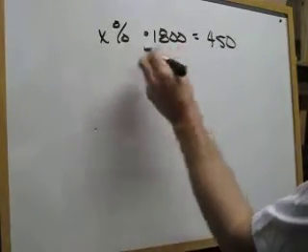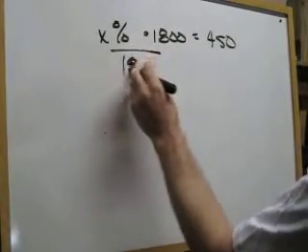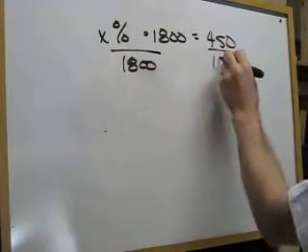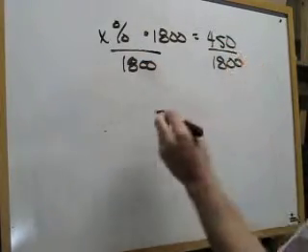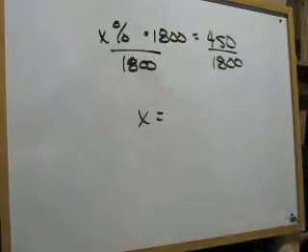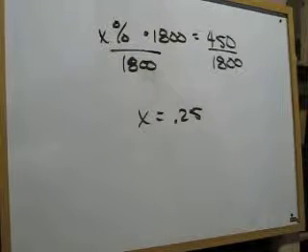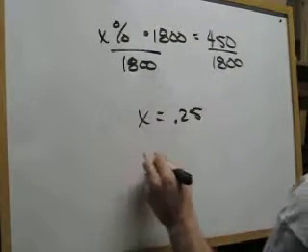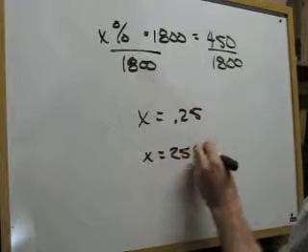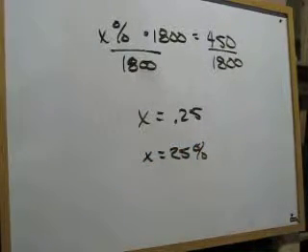So, we go ahead, divide by 1,800, and we end up with X is 450 divided by 1,800, which would be 0.25, and we have to change that because the question says, what percent of? So we need to change that to a percent. And that gives us that. Okay? So, not too bad there.